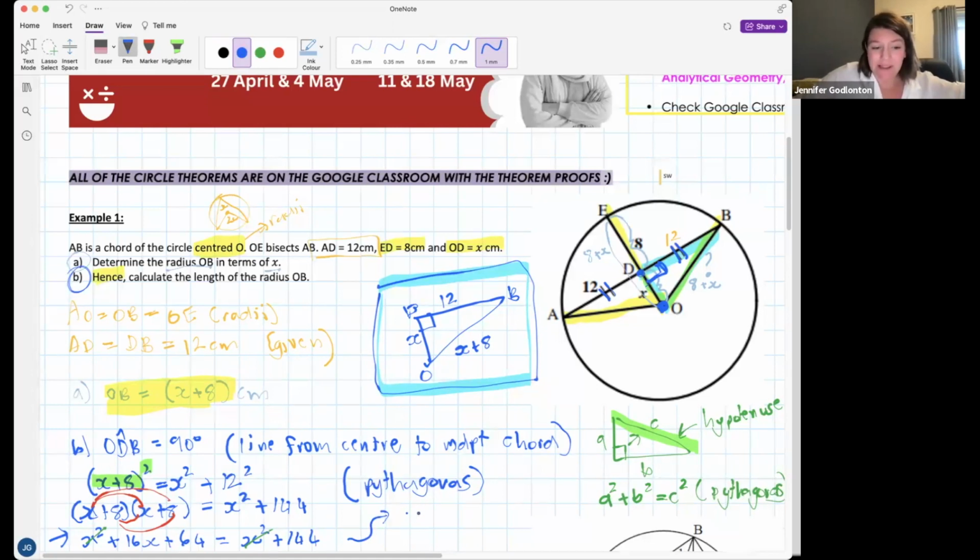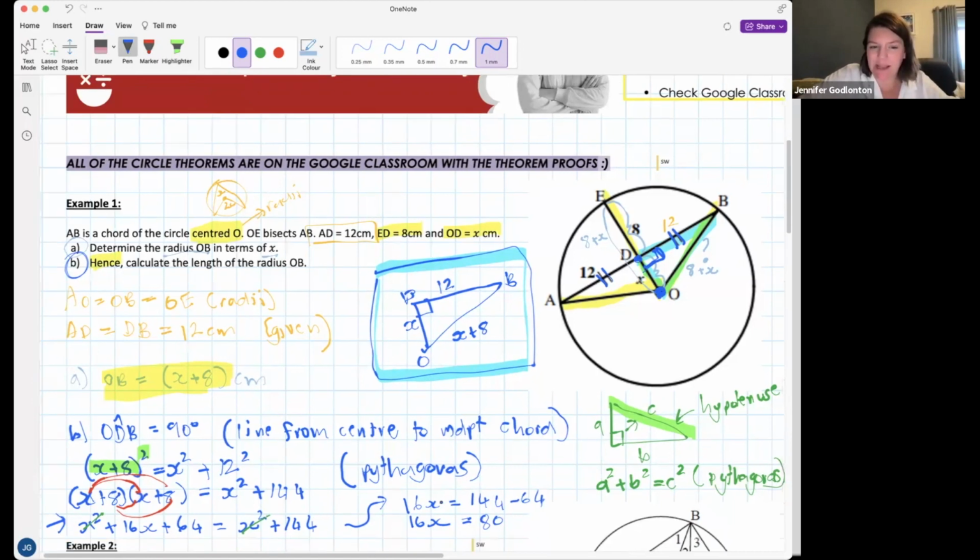So we land up with 16x is equal to 144 minus 64. So 16x is equal to 80. How would I figure out what x is equal to now, if I have 16x is equal to 80? Divide by 16. Yes, glorious. Divide both sides by 16. So x is equal to 5.